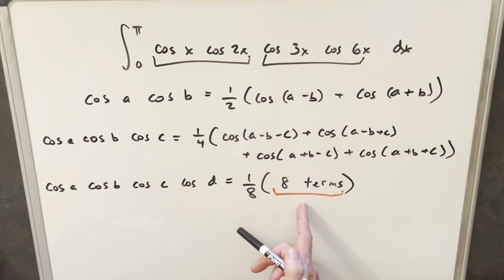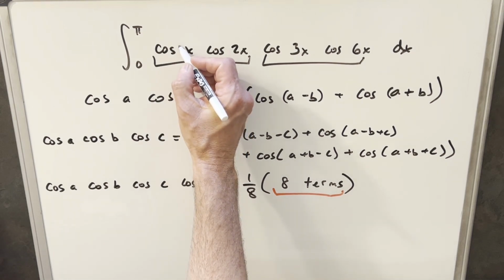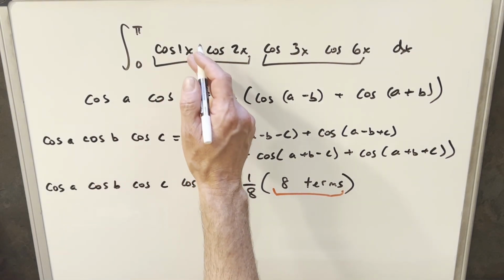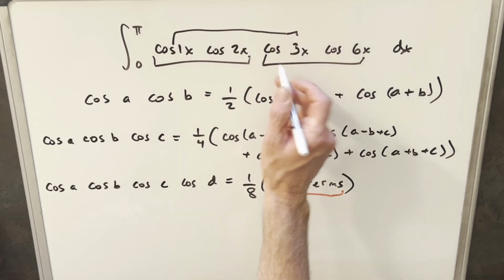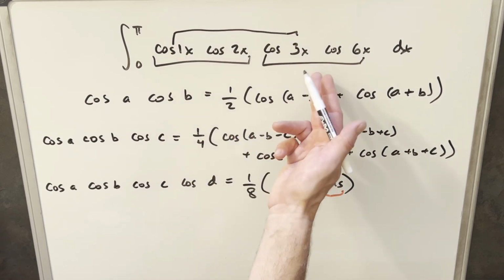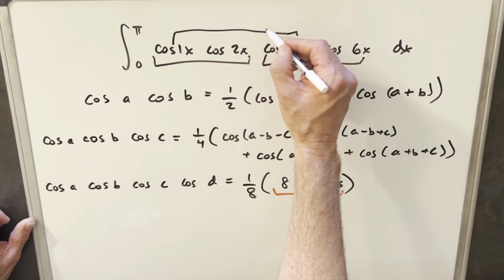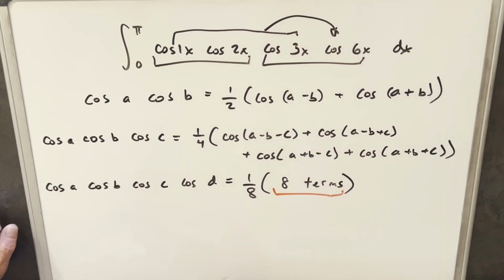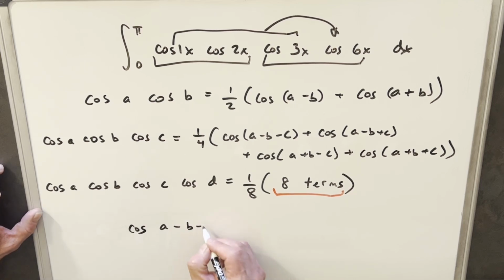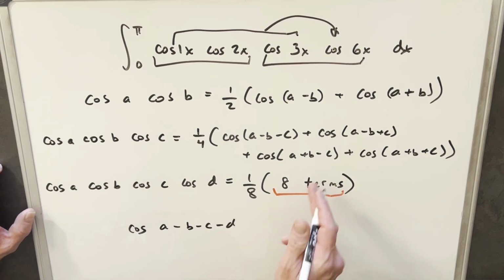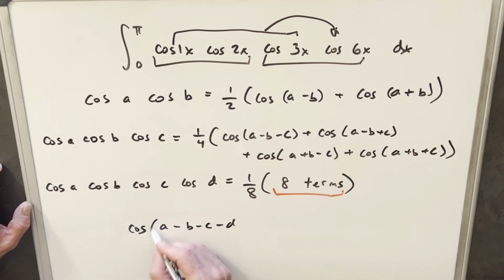Well, it turns out that we can actually avoid this, and we can avoid the real details of this. The way we'll do that is we'll just put a 1 there on the coefficient, and we'll notice that the coefficients on the angle for these 3 terms, 1 plus 2 plus 3, equal 6, and we have our 6 right there. So one of these 8 terms will be something like cosine of A minus B minus C minus D, because we're going to have every combination of sign.